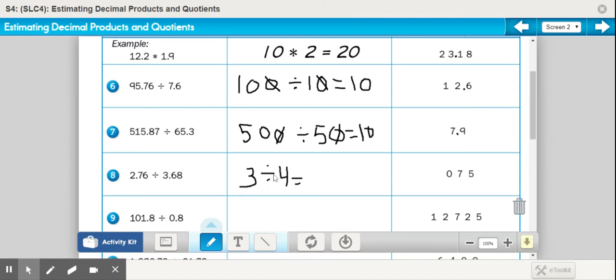And remember, when that happens, I could technically write the same number sentence like this. This is still saying 3 divided by 4. Oh, wait, but doesn't that look like a fraction bar?